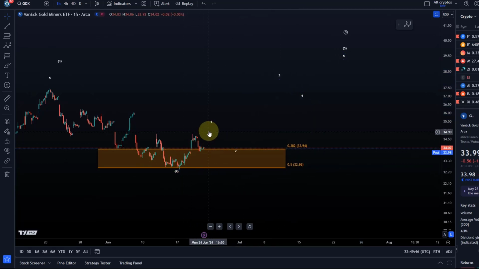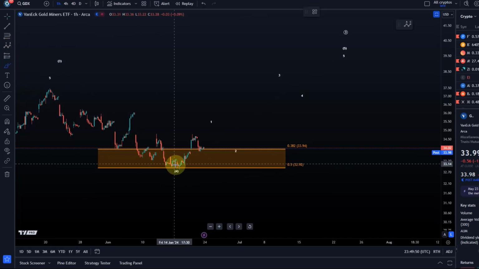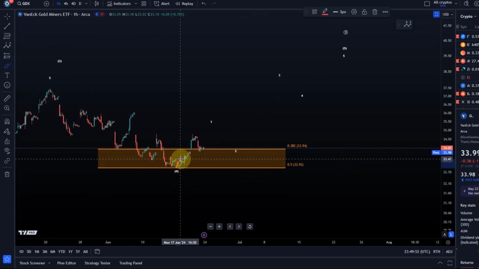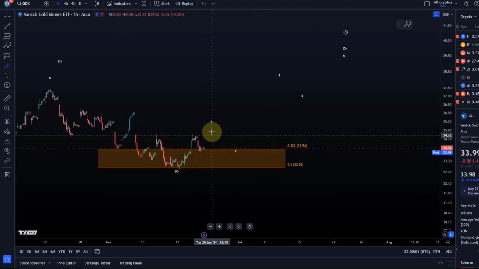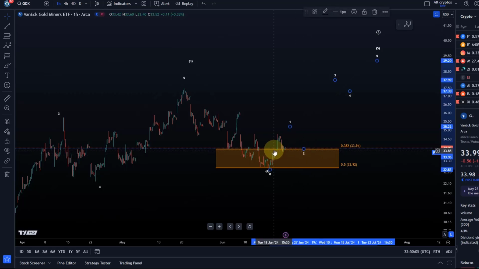I've got 3 waves up now. There's a small 1, 2, 3, 4, and I'd like to see that high. Ideally, it should form from here. Get just that one more high, and then we call it a wave 2.